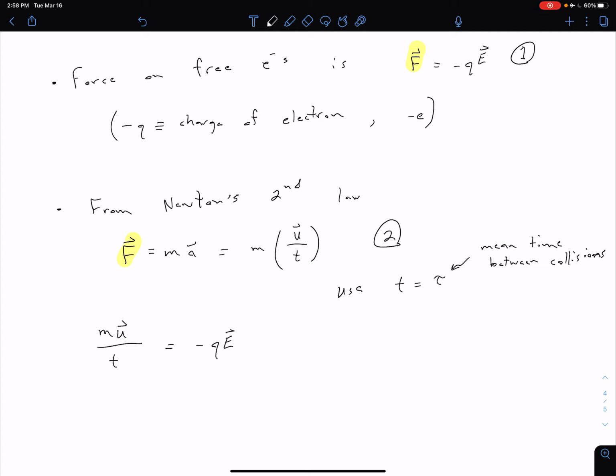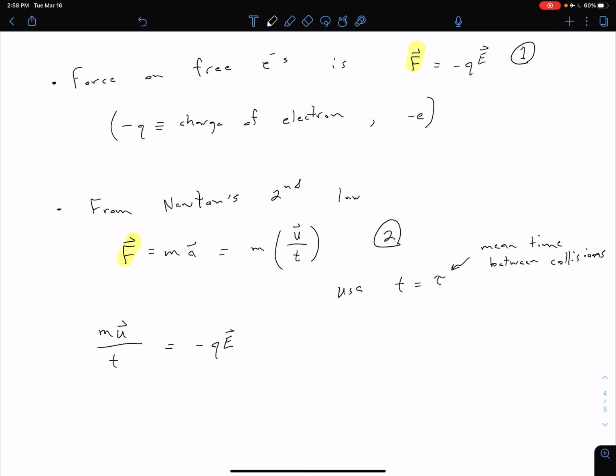As these electrons are being forced through this material by some electric field, they're colliding with the atomic lattice and interacting with the electron clouds. The mean time between collisions is the average time between these collisions.